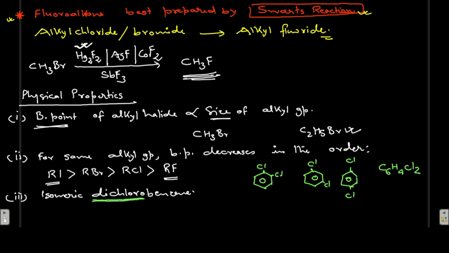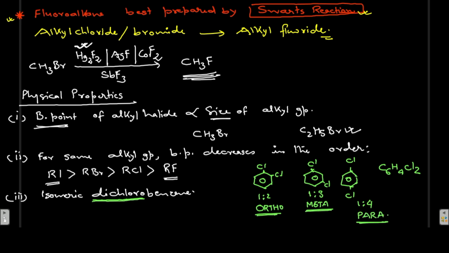What is the name of this compound? Here chlorine is at positions 1, 2. Here 1, 2, 3, so 1, 3. Here 1, 2, 3, 4, so 1, 4. Remember this. This is called ortho. This is called meta. This is called para.